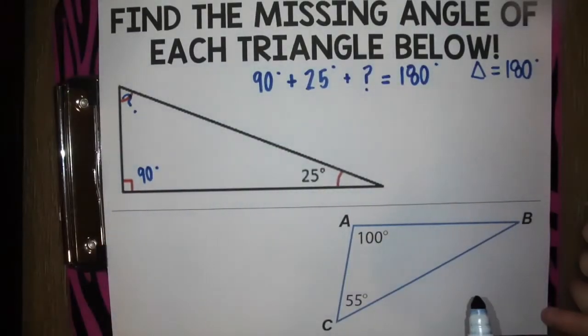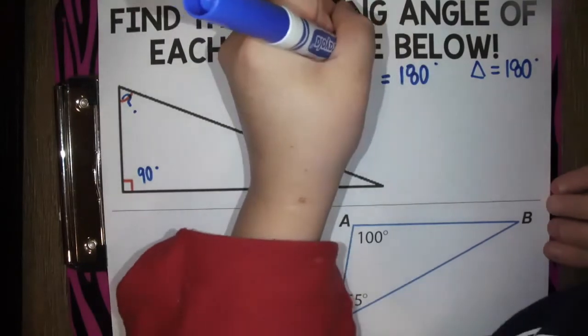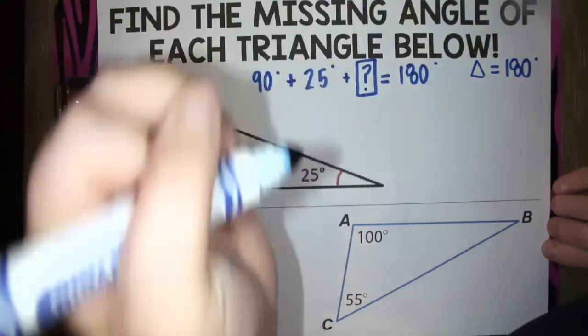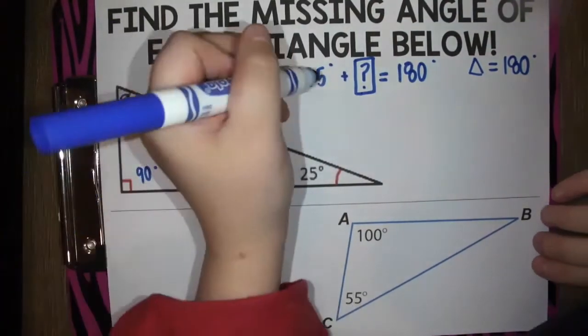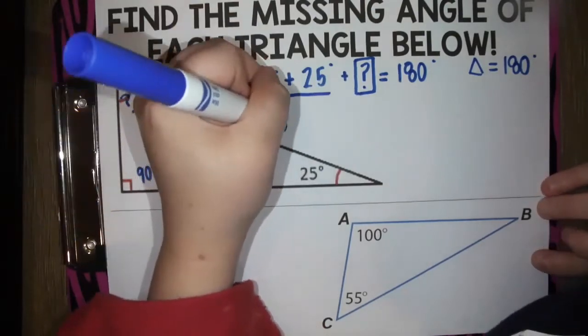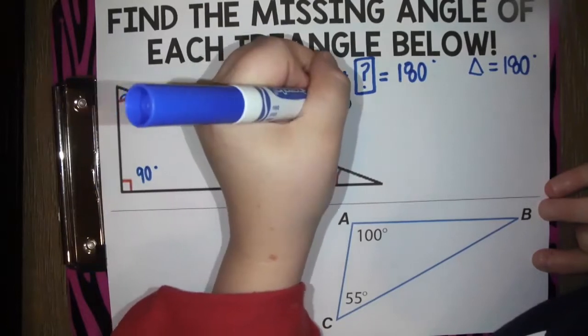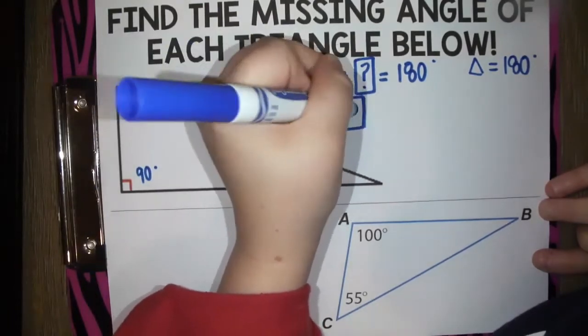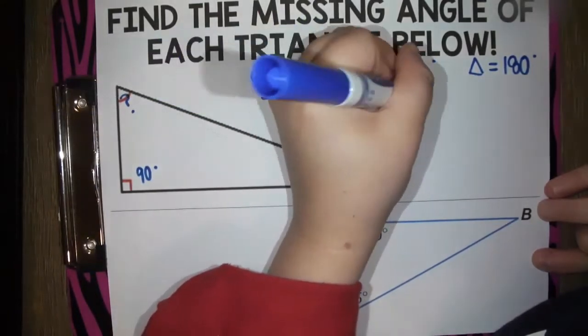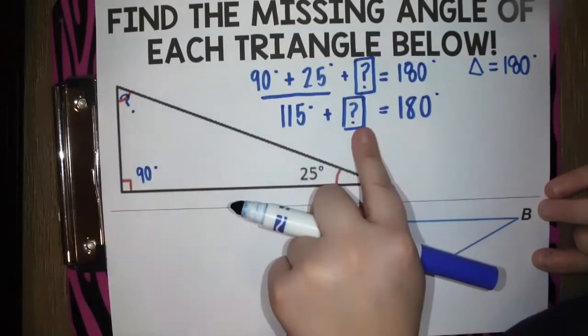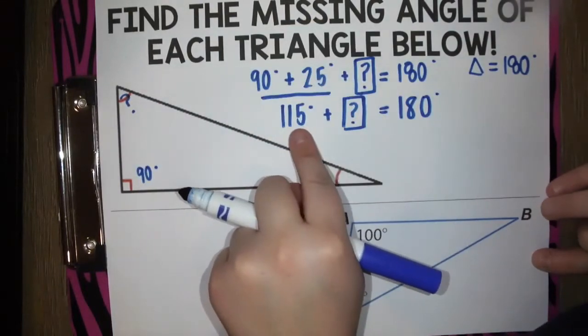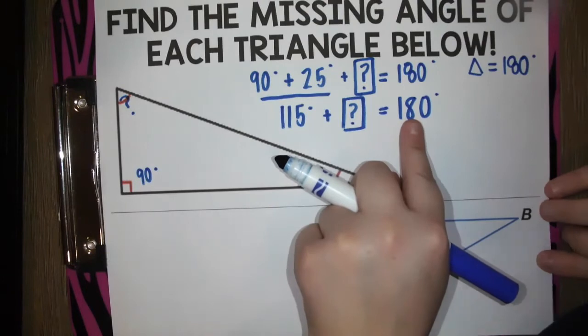So what I can say here safely, I'll put my little question mark in a box, is that 115 degrees of my triangle's angles are accounted for right now. I just need to find out what that mystery angle is that's going to take my 115 degrees all the way to 180.